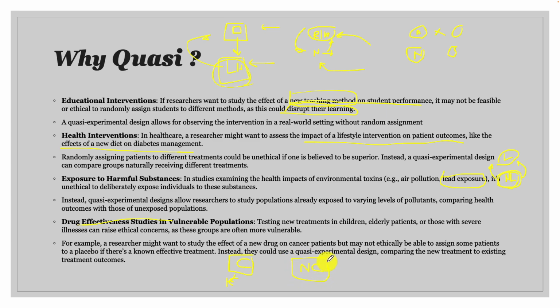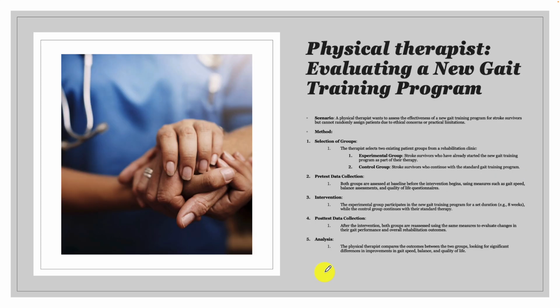Well, if I'm looking at giving a new drug that is going to potentially reduce cancer levels, I can't randomize these two groups of individuals because I have no idea what that new drug is going to do to my individuals with no cancer. So that's just kind of giving you a basic idea of why we would not want to randomize in certain situations.